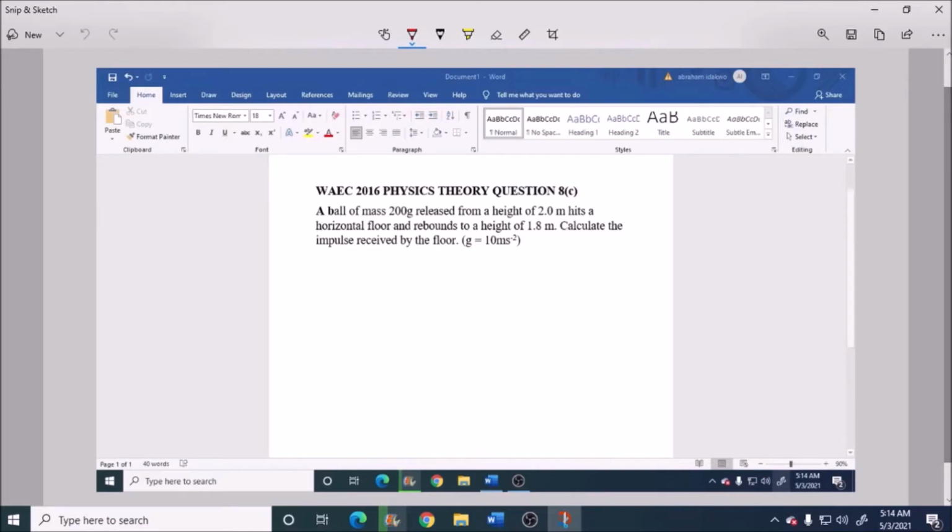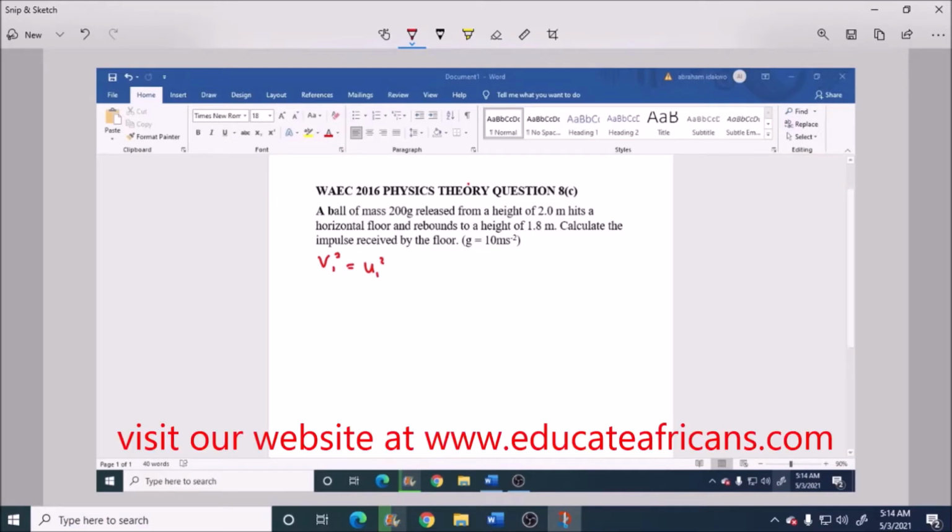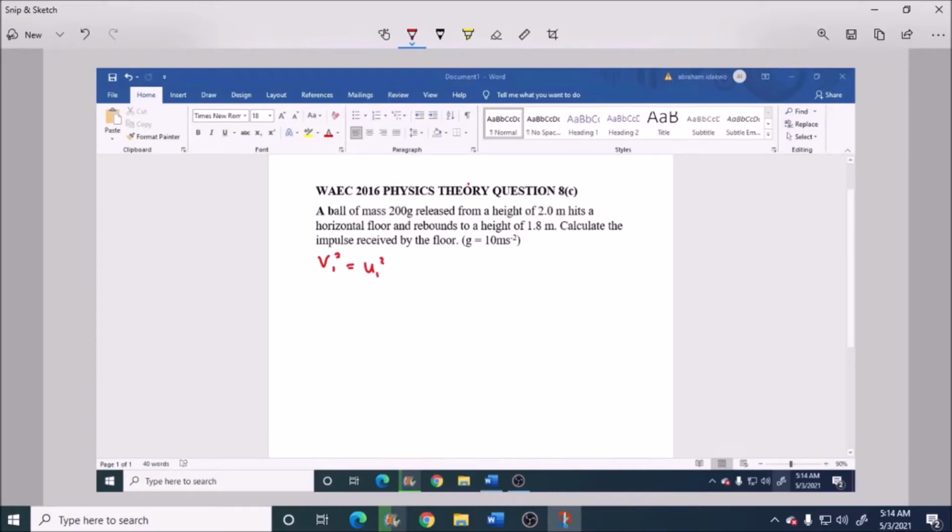So we have to find, let's find the velocity. v squared is equal to u1 squared plus 2gh, which is equal to 0 plus 2 times 10 times 2.